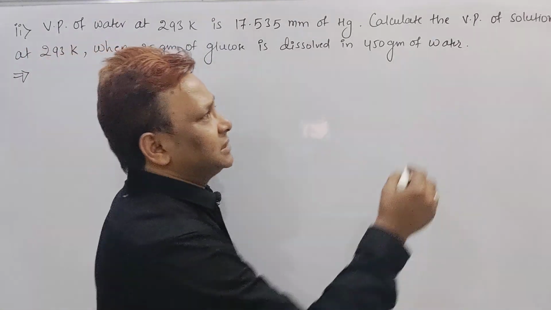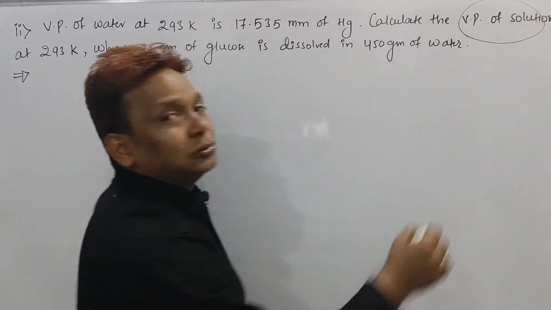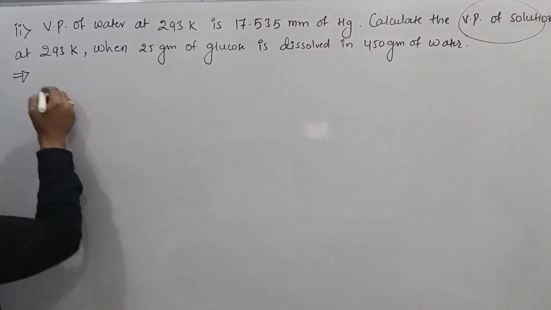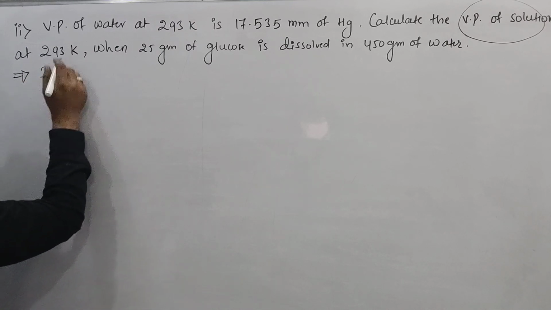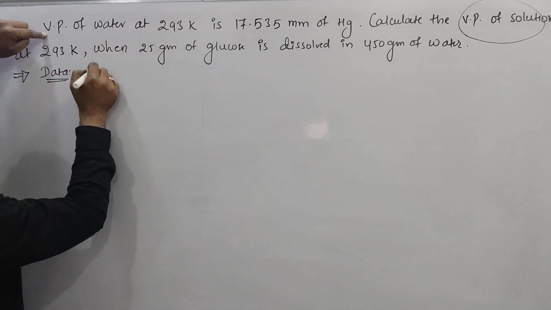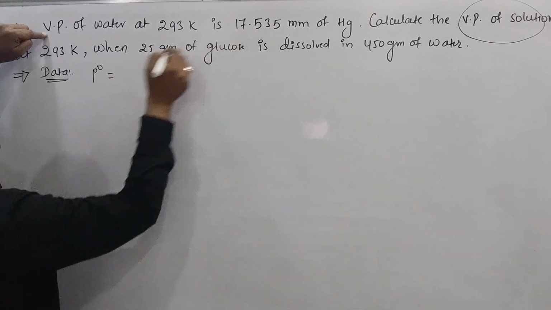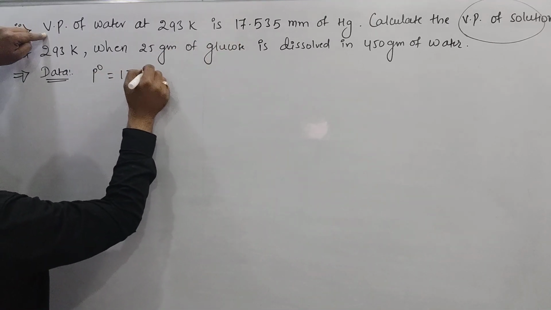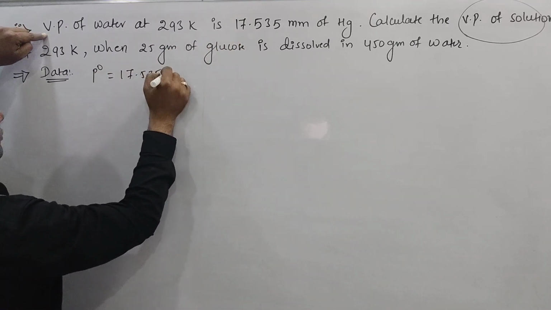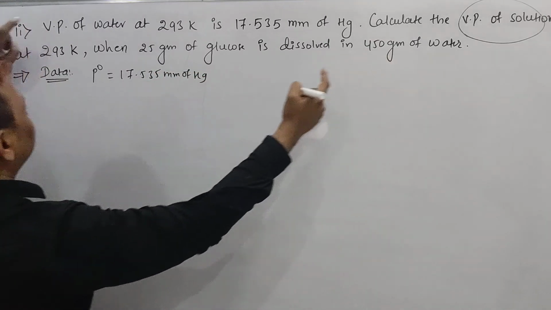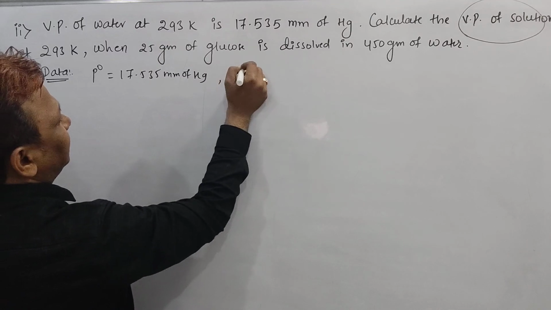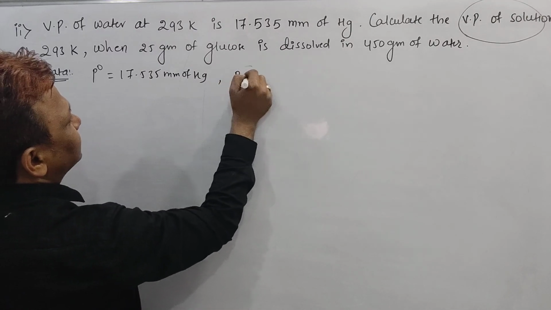They are asking us to calculate the vapor pressure of the solution, so first collect the given data. The vapor pressure of water is P naught, given as 17.535 mm of Hg. The vapor pressure of the solution, PS, we have to find.